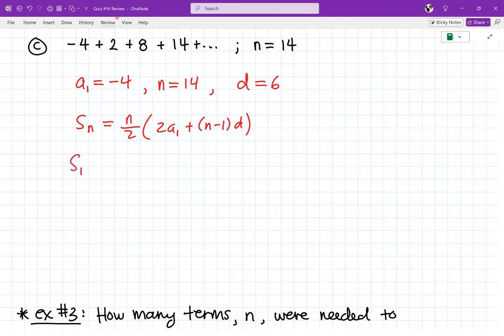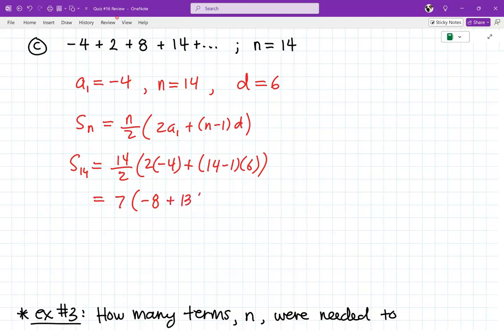So S sub 14 is 14 over 2 times twice a sub 1, which is -4, plus n minus 1, so that's 14 minus 1 times d, which is 6. And then from here, just be careful, right? Making sure that you're calculating right. So 14 divided by 2 is 7. This is -8 plus 13 times 6.